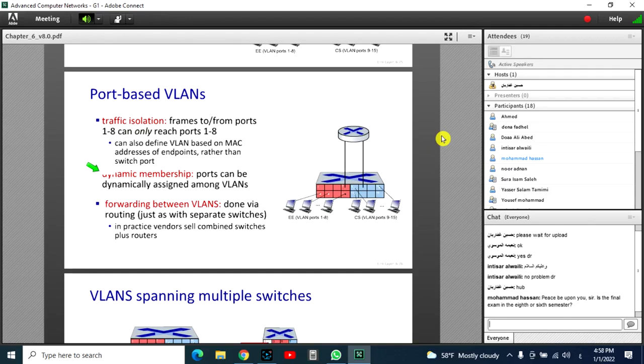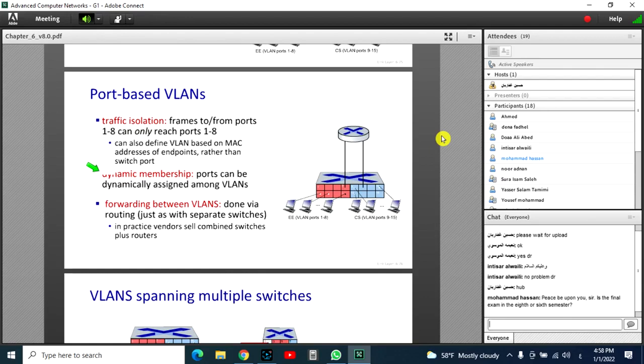Because the data sent over a VLAN will not be sent over another VLAN. So Trudy, the hacker, the intruder, if Trudy decided to sniff the data of a specific VLAN, firstly she has to connect to that VLAN to receive the information of that VLAN.